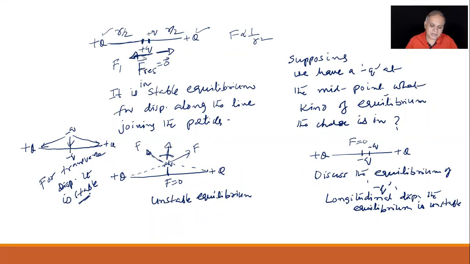Can you see the direction of forces on plus Q? One side pulls it upwards. Where is the net force directed, towards the center or away from the center? Away from the center. So when I displace it, it won't come back. It will go away. And these are fixed charges, children. Don't forget that. Right, that's good.